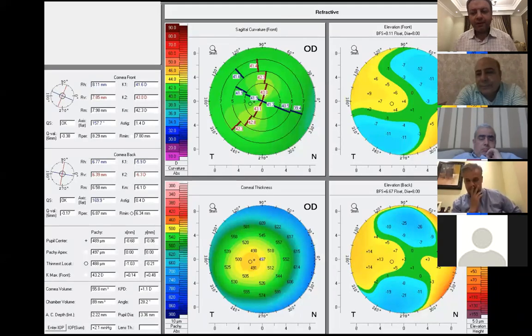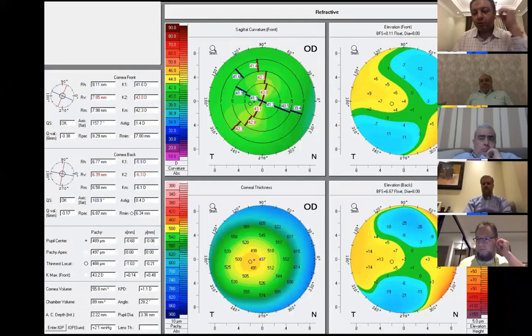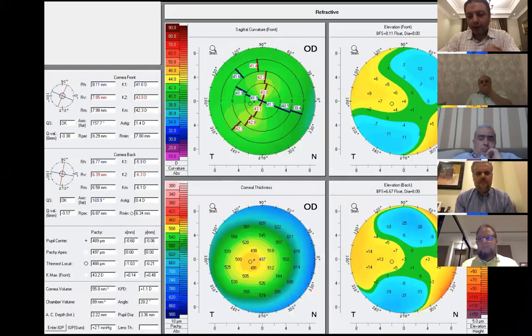Okay, sir. Dr. Mazen, are you here? Yes. Okay, good. What about the best corrected acuity of this patient if you tried +5 instead of +6? I think this will be a turning point.